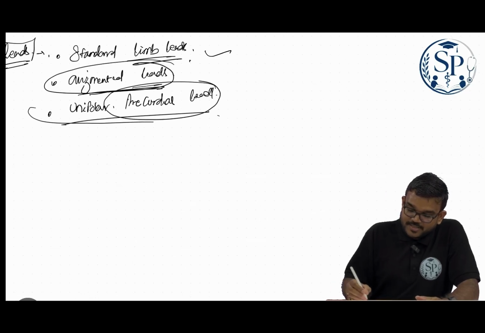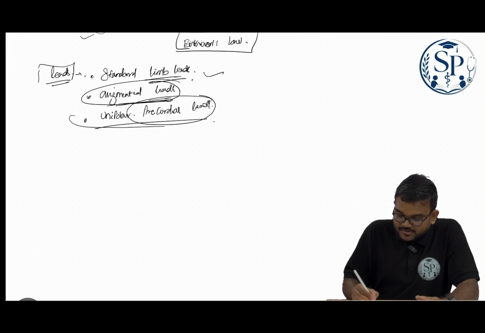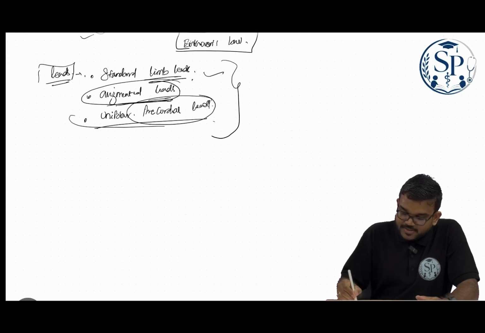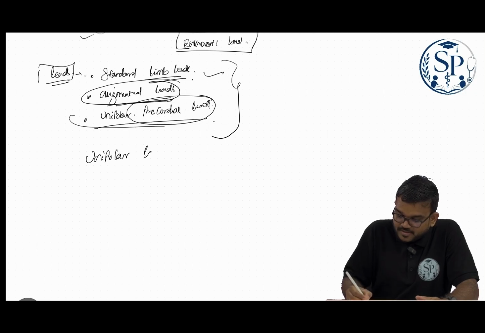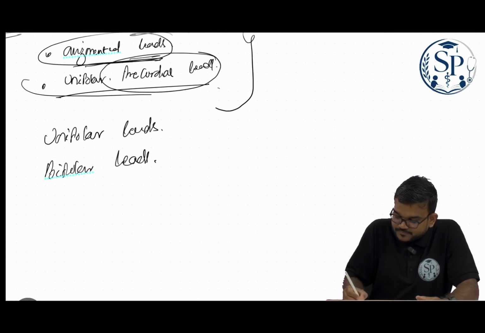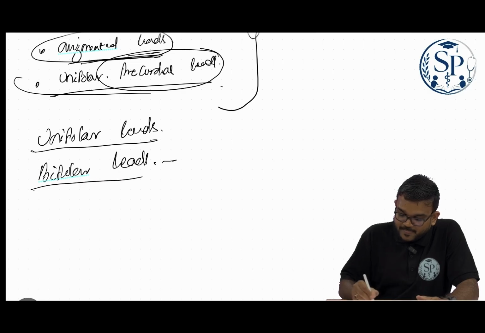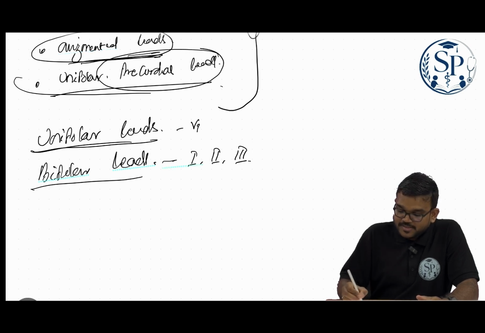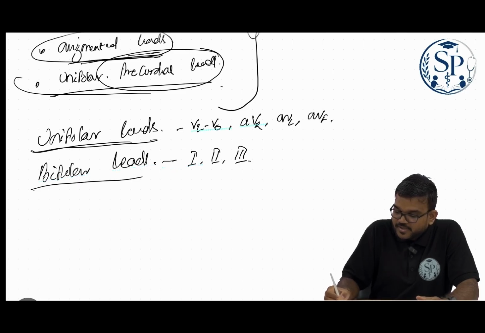So what do the standard limb leads mean? Among the limb leads, augmented leads and precordial leads, there are two types of leads: one is unipolar leads and the second is bipolar leads. The bipolar leads are lead 1, lead 2, lead 3, whereas the unipolar leads are V1 to V6 and aVR, aVL and aVF.